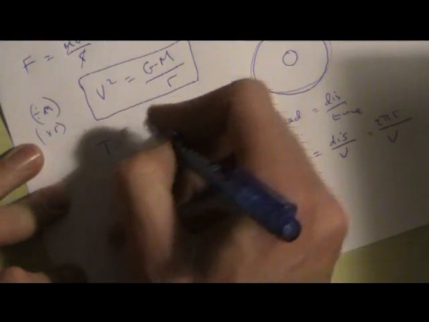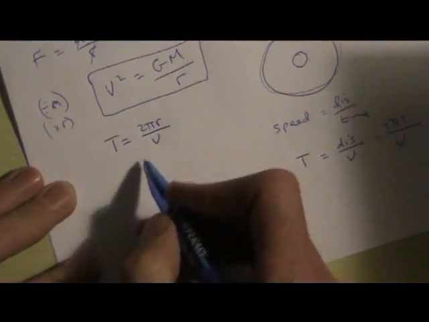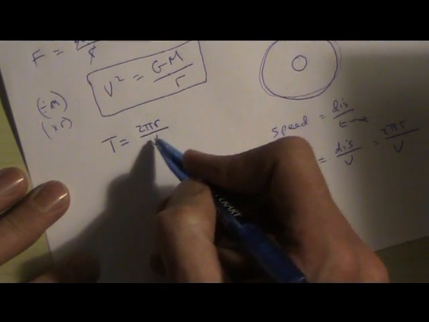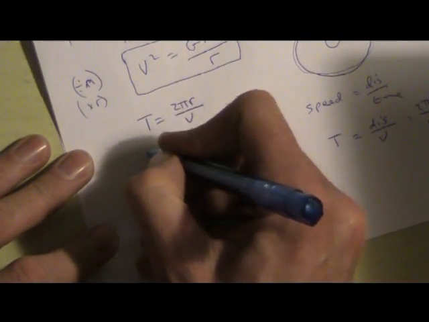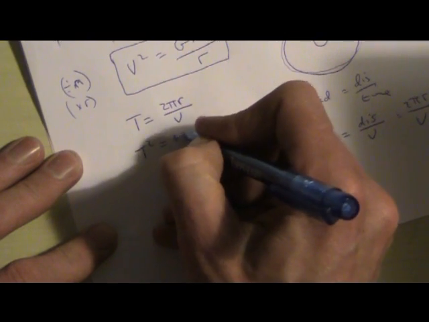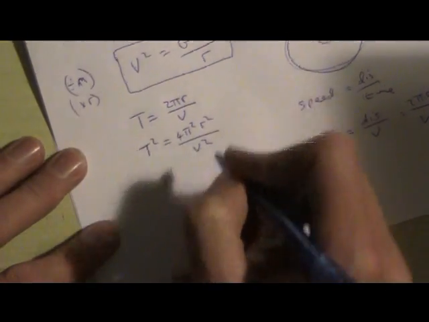So the periodic time T is equal to 2 pi r over v. The time it takes the satellite to go around is the distance travelled, 2 pi r, divided by v, the speed it's moving at. Now squaring both sides, T squared is equal to 4 pi squared r squared over v squared.